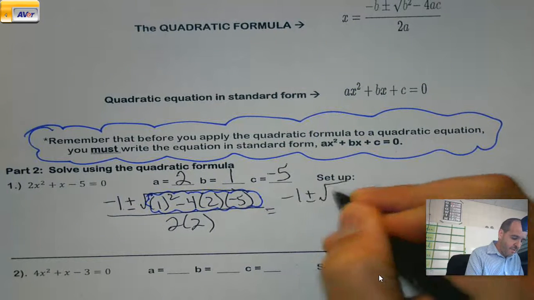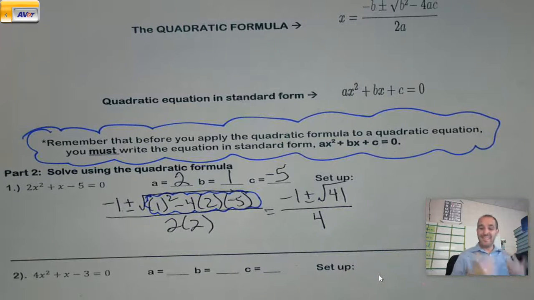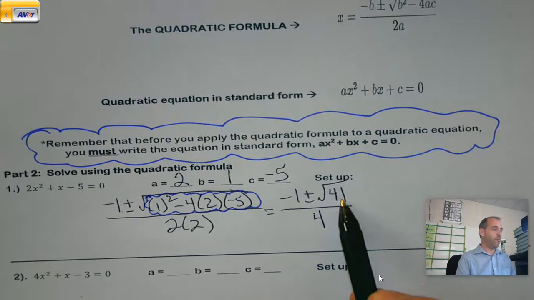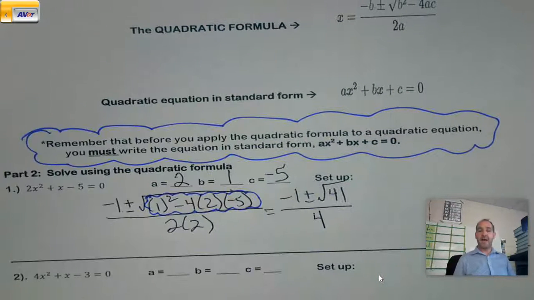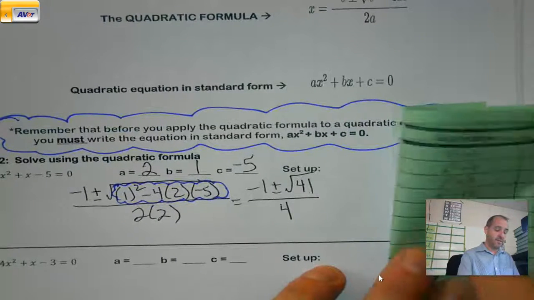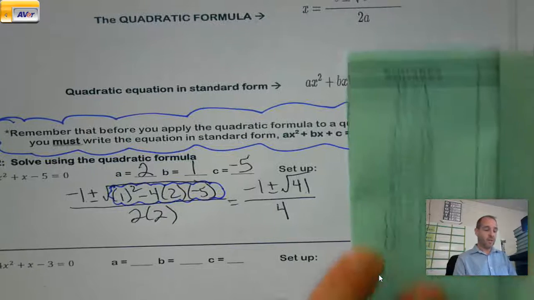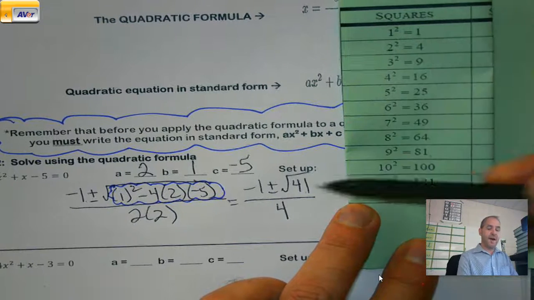Now, that's still under the radical. And 2 times 2 is 4. This is an exact answer. Okay? The only thing I need to still check at this point is, does the 41 break down? And if I have from my packet, or maybe from an attachment on this particular lesson, my perfect squares, what I'm doing is seeing, are there any perfect squares that divide evenly into 41?